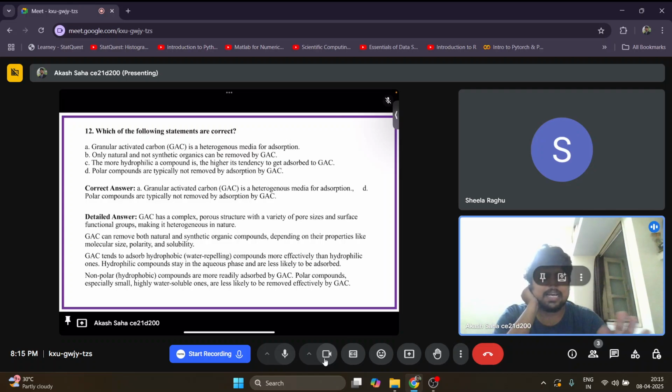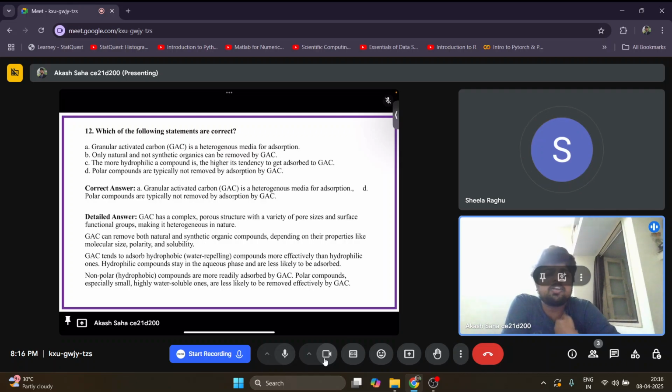It will get attached, it will form some chemical bonds. Since it has so much complexity and a porous structure, it is generally heterogeneous in nature. It is not homogeneous, it is heterogeneous. Nothing is uniform. So the first option is correct. Then coming to the next problem, only natural and not synthetic.